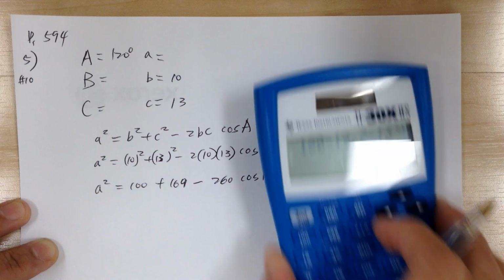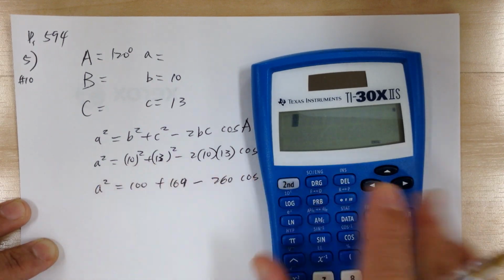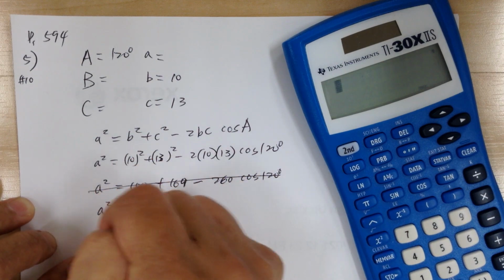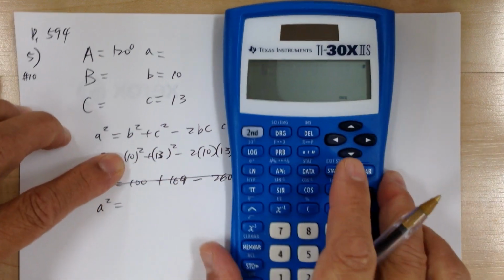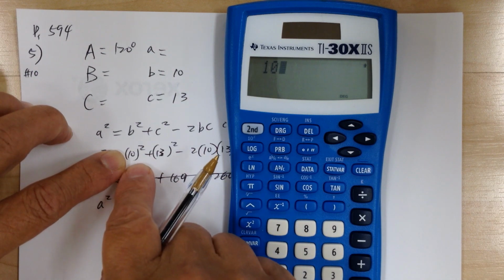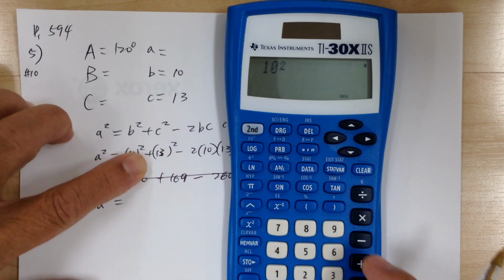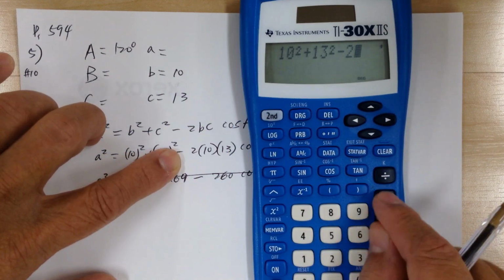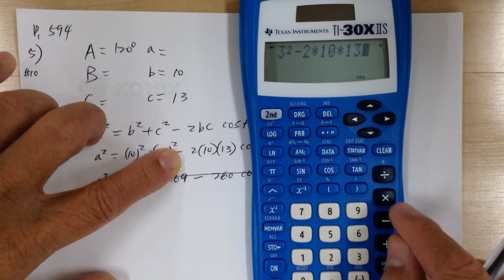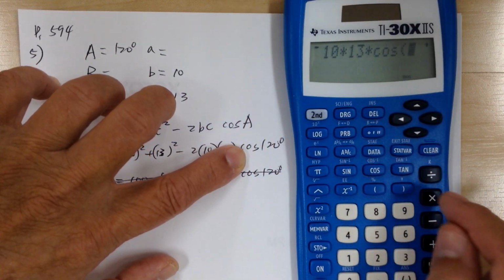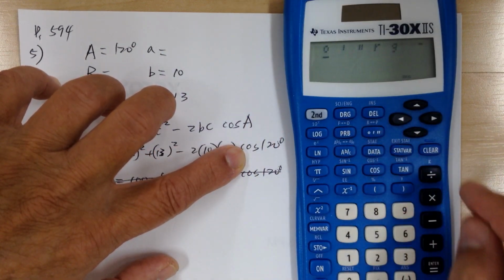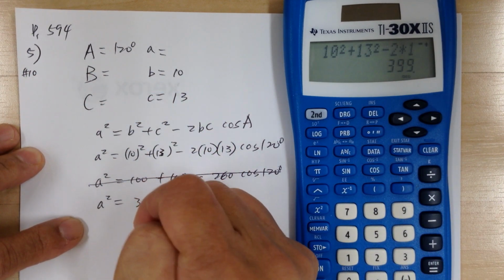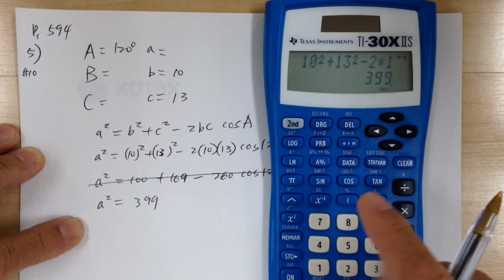It depends on your calculator. Sometimes you can just enter it directly instead of doing this step. I'm just going to enter it over here since my calculator can type in all this. So 10 squared plus 13 squared minus 2 times 10 times 13 times cosine of 120 degrees, push equal, so I get 399, and I'm going to take the square root of that.